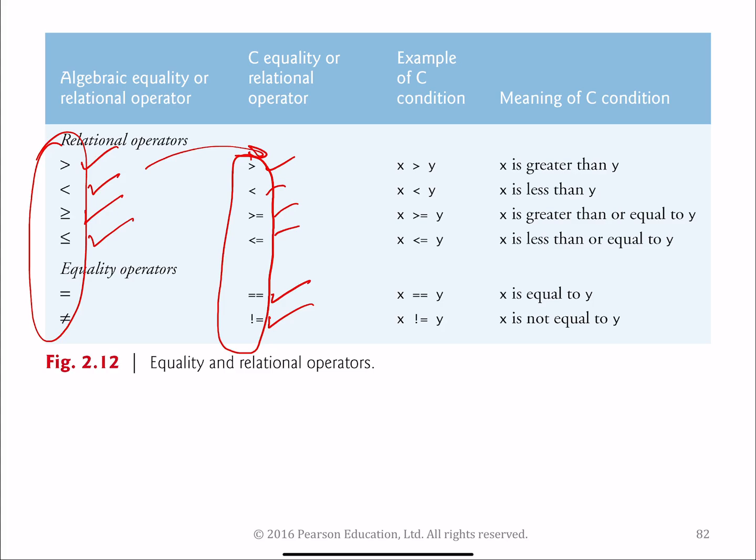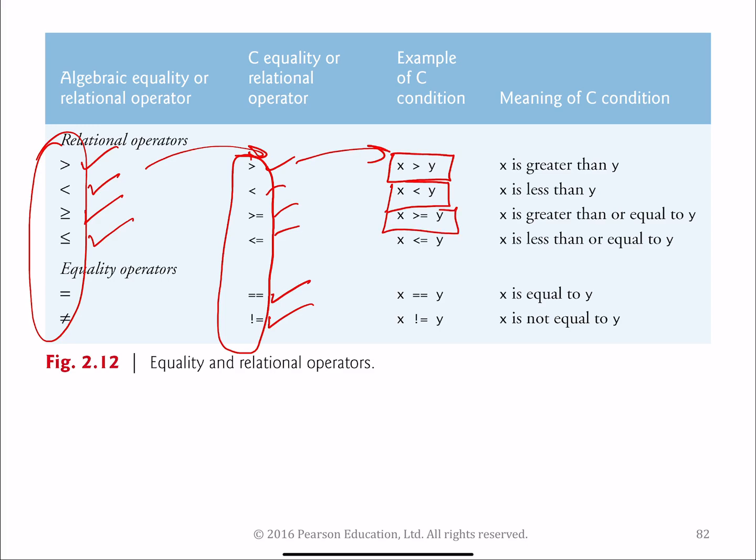So just quick examples. In the third column, if you want to check whether x is greater than y, you would type that in like this. If you want to check if x is less than y, you would type that in like this. Want to check if x is greater than or equal to y, that would be this one.